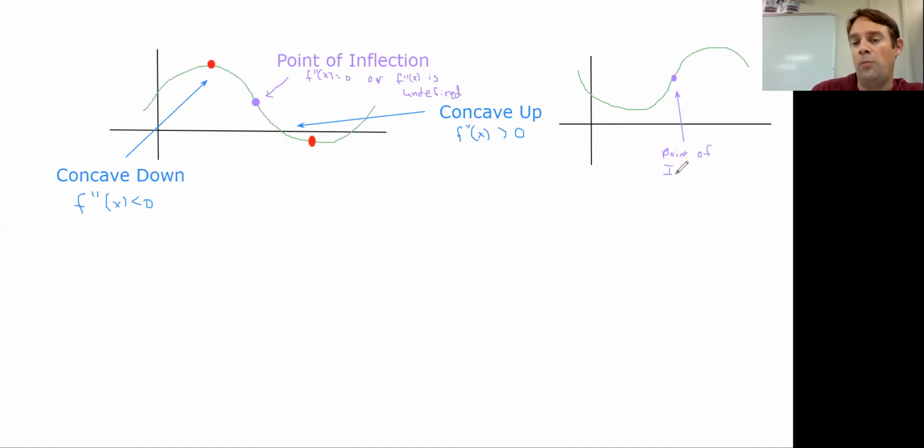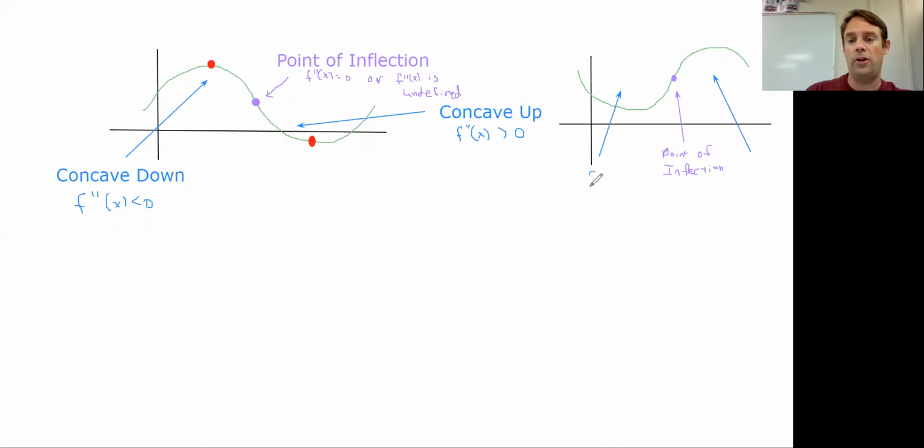Did it go from a positive derivative to a negative derivative, so it was a relative max? Or a negative derivative to a positive derivative, so it was a relative min? What we're doing here with points of inflection, we don't care. All we care about is did it change? Did the second derivative change? If it changed, we're golden. If it didn't change, not golden.